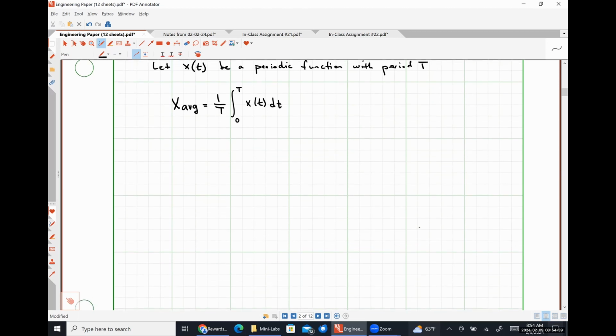So now let's put things in context of our power relationship, right? The average value of our instantaneous power should be 1 over T times the integral from 0 to T of our instantaneous power relationship. So let's use the generic relationship here.